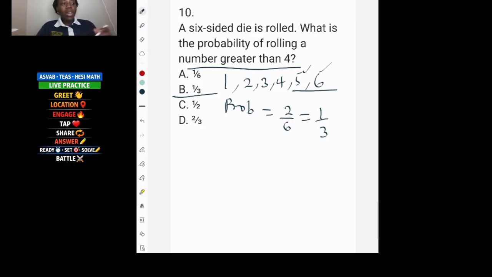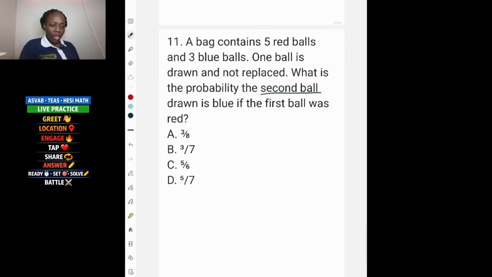So remember, when the question says greater than 4, 4 is not included. Less than 4, 4 is not included. But by the time they say greater than or equal to, then 4 will be part of it, because those are the tricks that they can use for us. So it is very important to read the question completely.